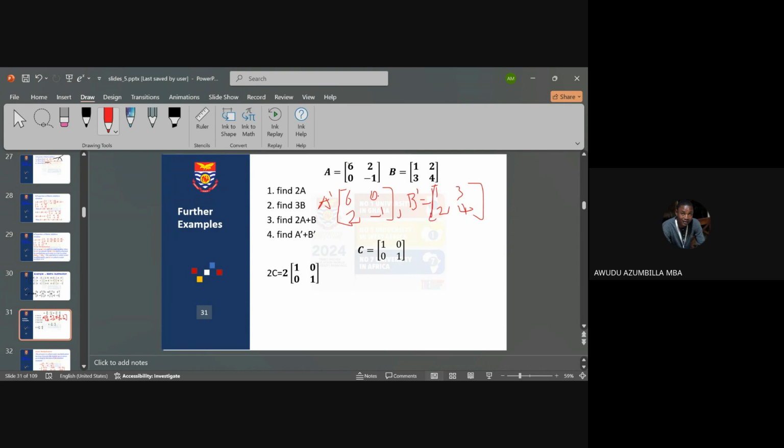After that, you add this one to 1, this one to 0, 2 to 2, and then 1 to 4. And that will satisfy your fourth one. So these are things that you can do yourself very well.